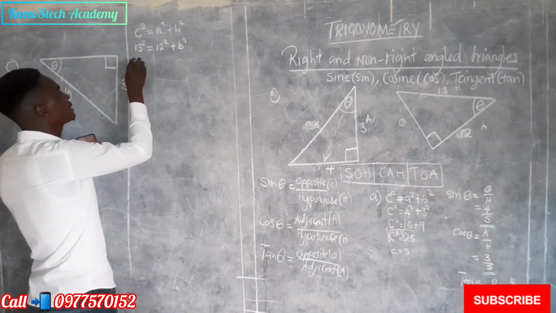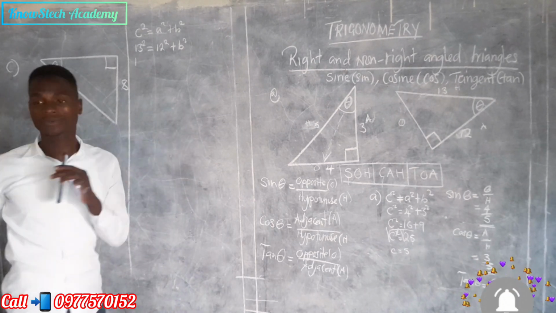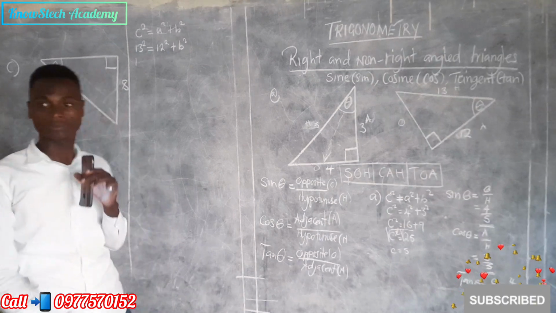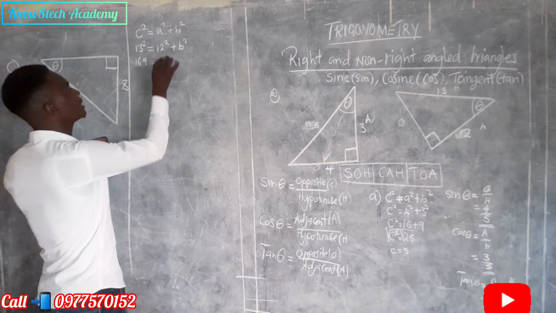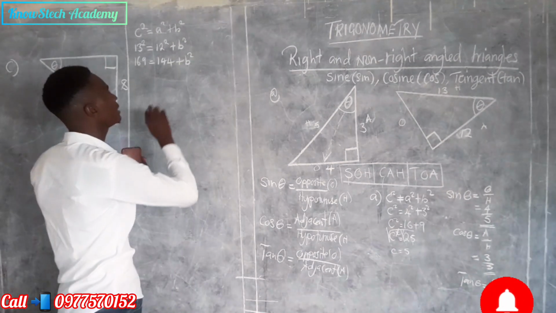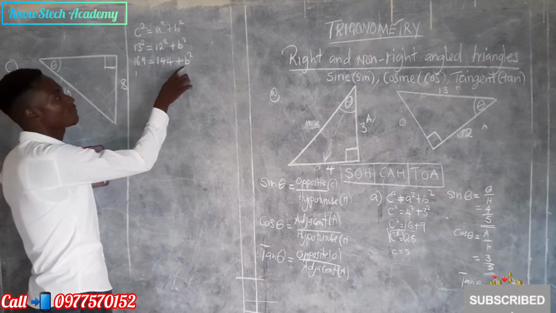What is 13 squared? 169. 169 is equal to 12 squared, which is 144, plus b squared. Very good. So we'll solve for b squared.